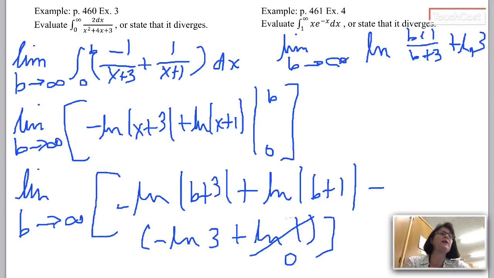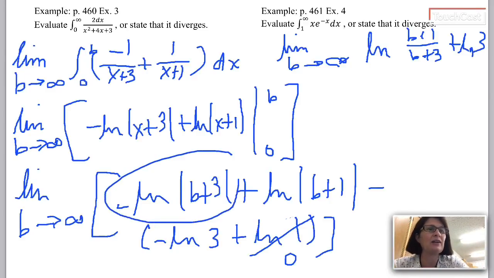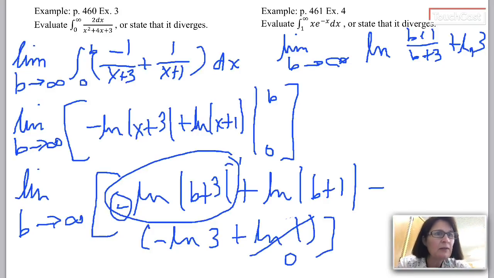I'm taking the limit as b goes toward infinity. So that's the trick there, is to recognize that when you have a negative natural log, I can make that negative the exponent on that thing that's getting natural logged. So I can end up rewriting this as a quotient.